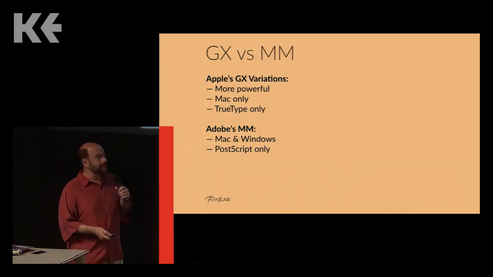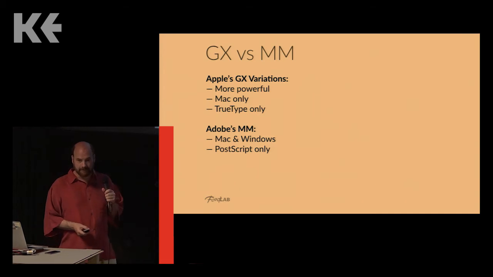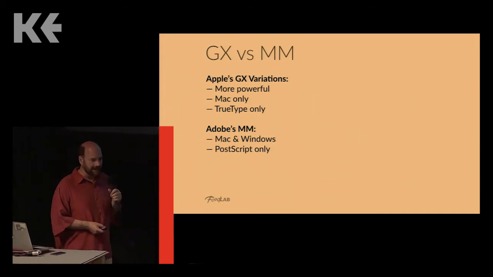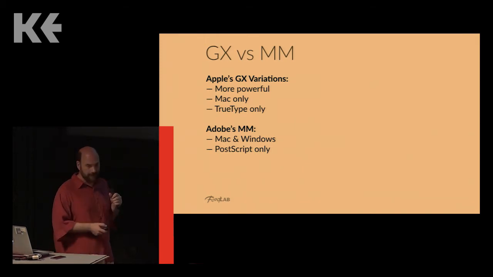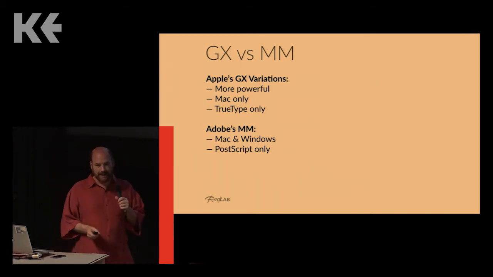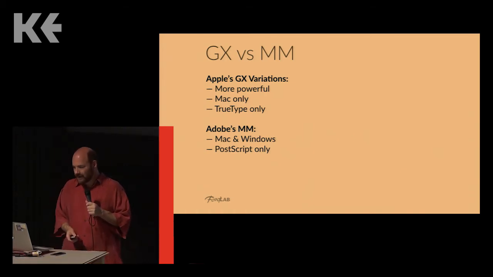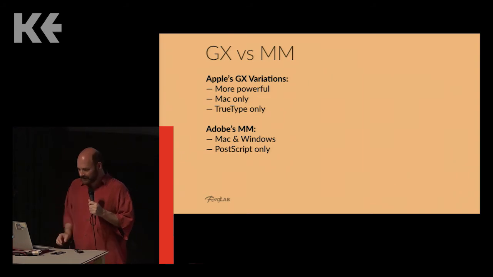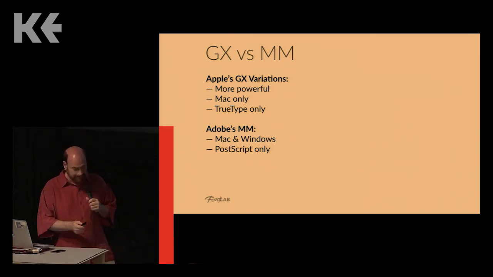So the differences between the two: Apple's GX Variations was more powerful by noticeable margins, a little more flexible. It was at the time only Mac-based and only worked with TrueType outlines. And Adobe's multiple master, they could deploy it on Mac and Windows, and it only worked with PostScript outlines. And so each version only worked with one kind of outlines, and it was all complicated.